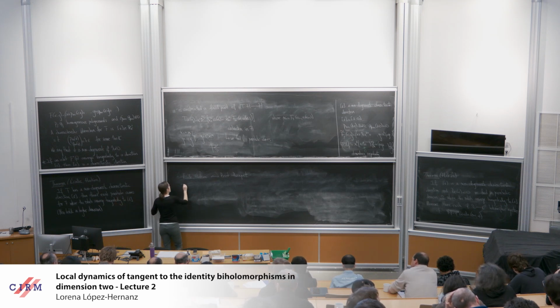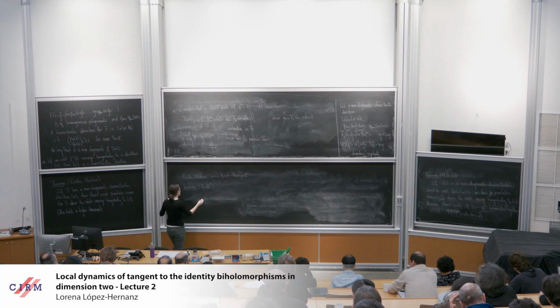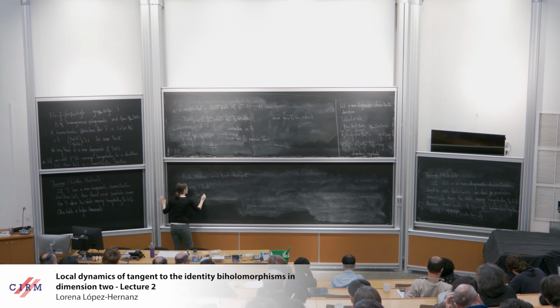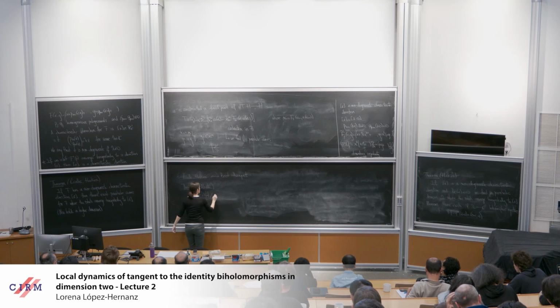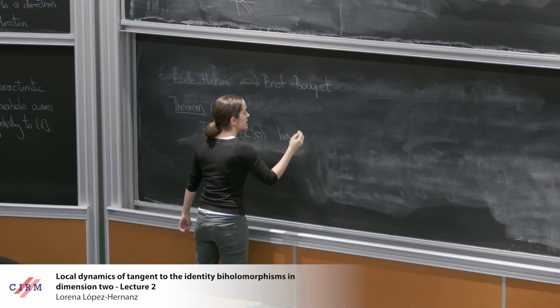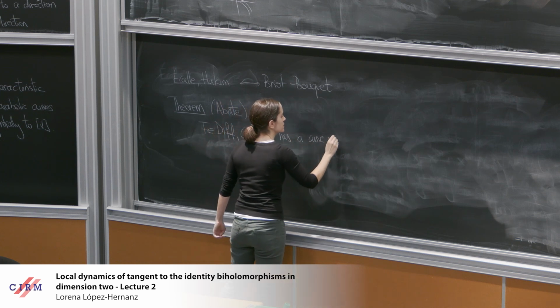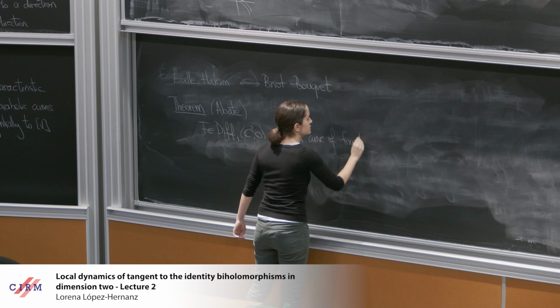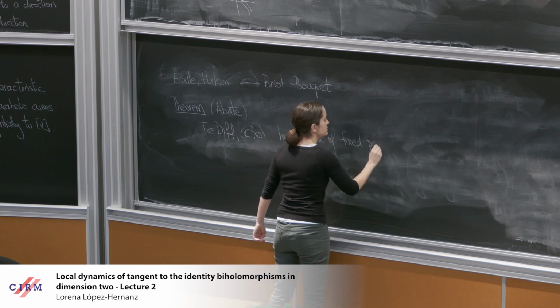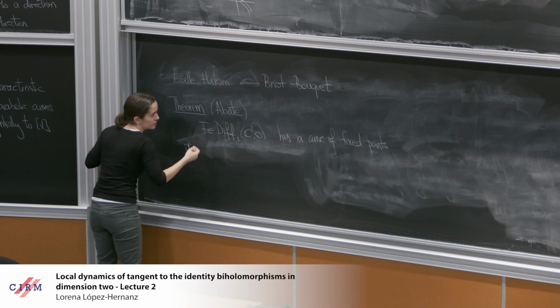Okay, so we have a theorem by Abate, which tells us that a tangent to the identity diffeomorphism in C^2 fixing the origin always has either a curve of fixed points or a parabolic curve.